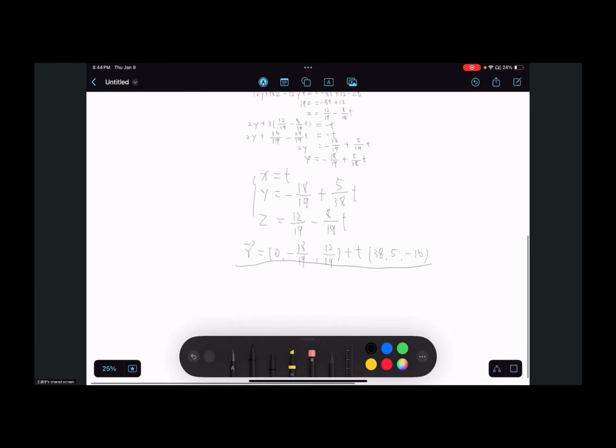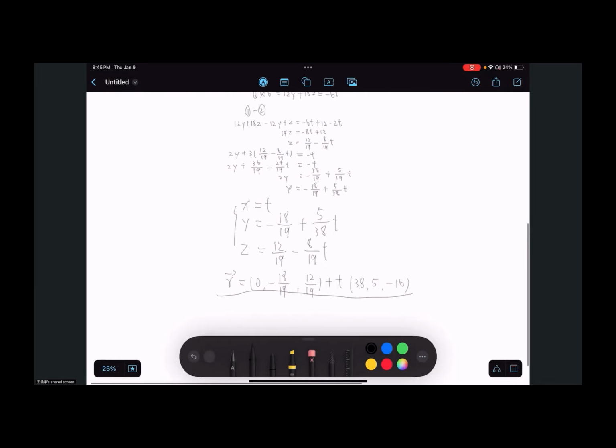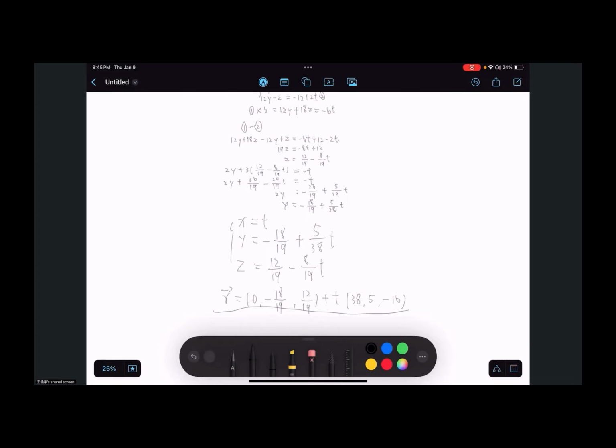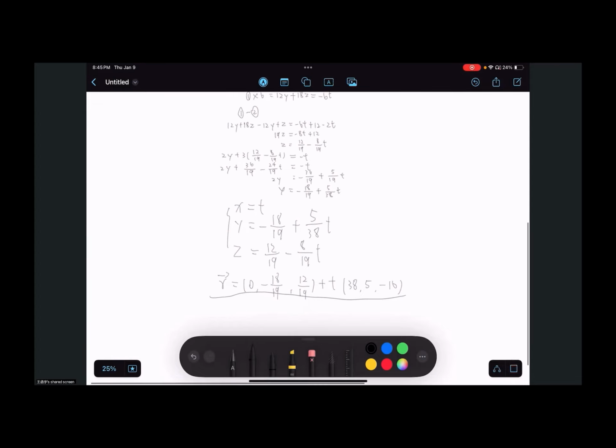And as we can see, it's an equation for a line, which means that for the three planes from part A, part C, and part D, the intersection of them is a line.